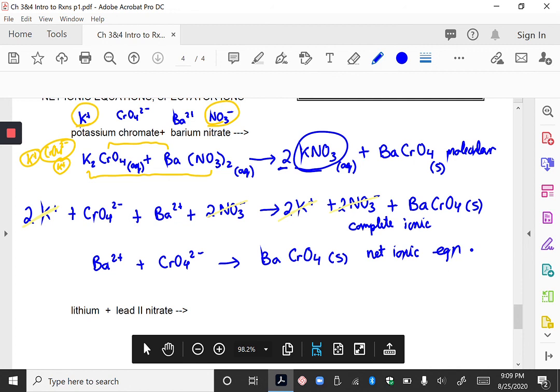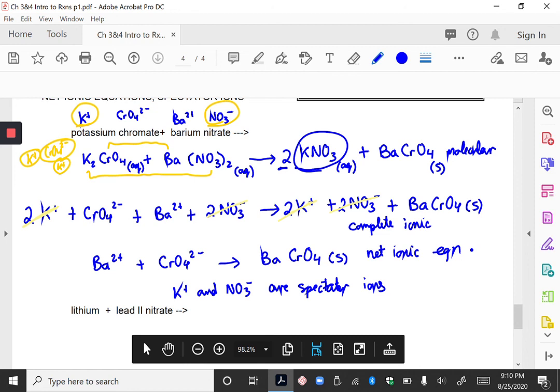Now, the ones that we crossed out, the K pluses and the NO3 minuses, the nitrates and the potassium ions, these are spectator ions. So what does that mean? They sit there and they watch the reaction happen. They don't actually participate in the reaction happening.